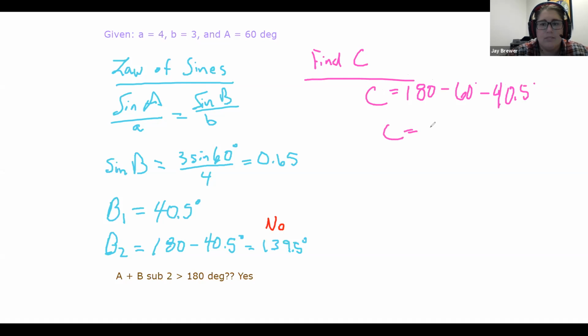So we end up with C equal to 79.5 degrees. Now, Braden, we can find little c, right?